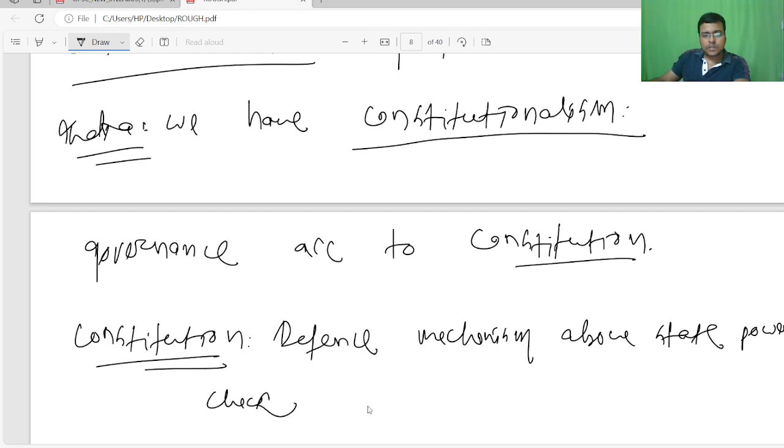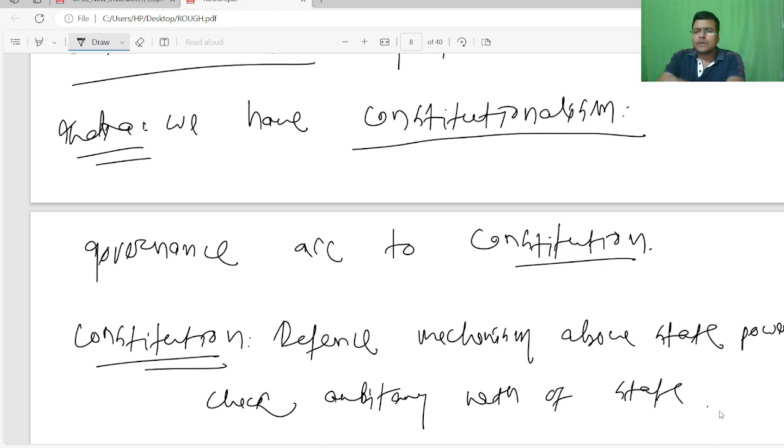The constitution checks the arbitrary nature of the state. State means the three organs of government. So the defense mechanism is against state power. And this defense mechanism is for whom? Citizen. The defense mechanism is for the citizen, and it checks the arbitrary nature of the state.